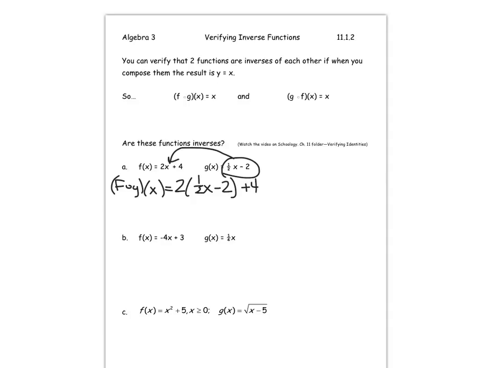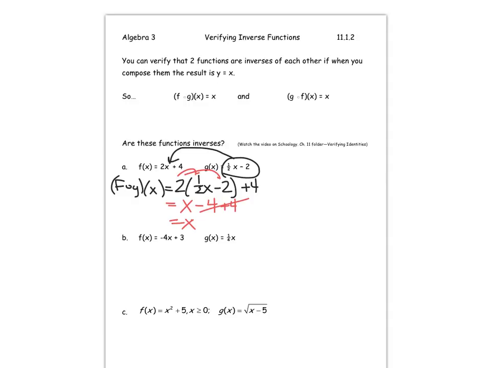And then we have to do the algebra on that, so we would have to distribute the 2. 2 times 1/2 is just 1x, or x. 2 times negative 2 would be negative 4. Then we have plus 4. So the 4's will cancel out, and we would have x.